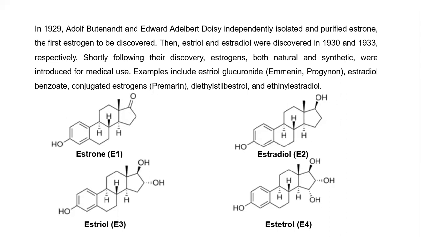For example, estriol glucuronide, which is basically estriol combined with glucose. Similarly, estradiol benzoate, conjugated estrogens, Premarin, and diethylstilbestrol all have different medical applications, which you can search out in the literature.